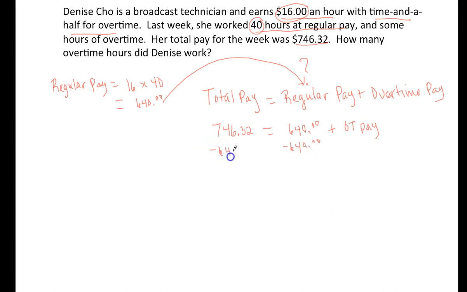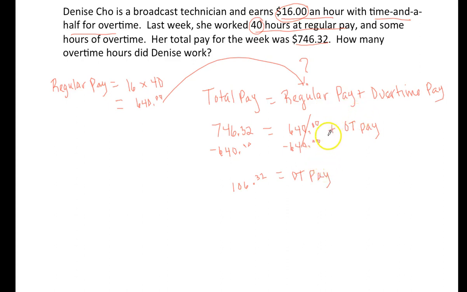So really we're taking her total pay, and we're taking out of that the regular pay so that we know how much was just overtime. Okay, so when we do that, we get $106.32. All right, so that's her overtime pay.